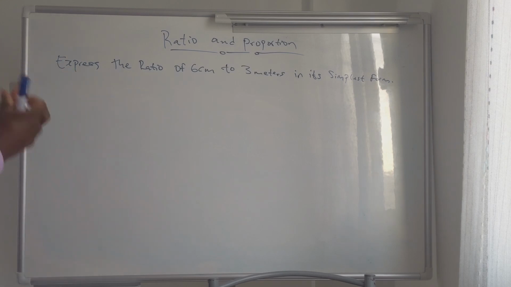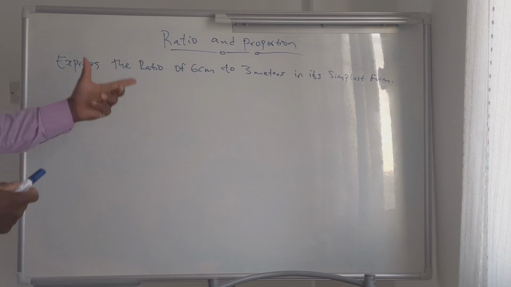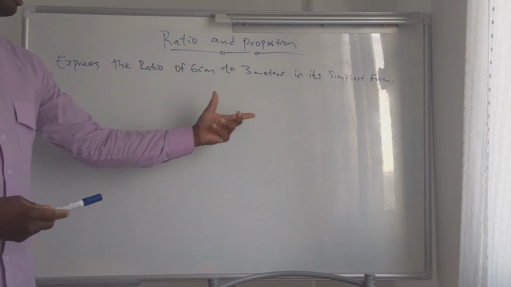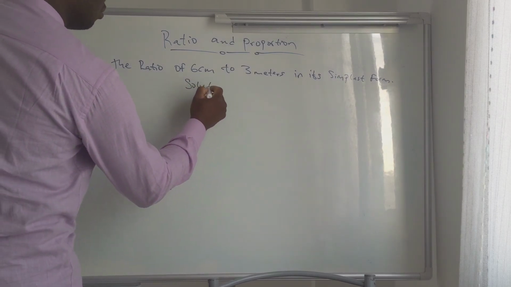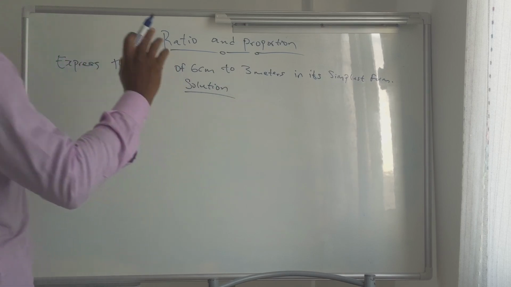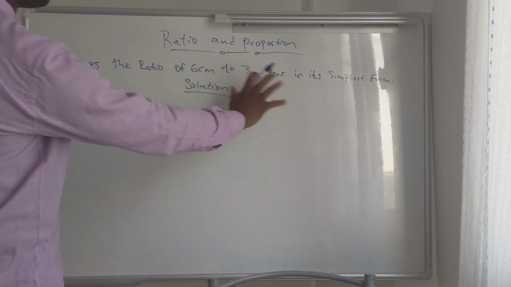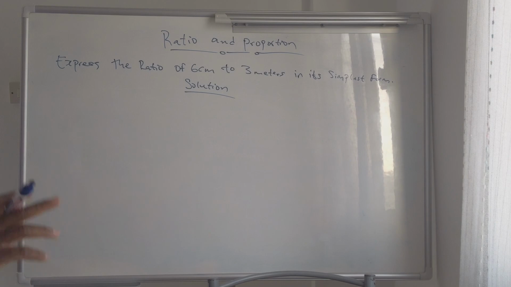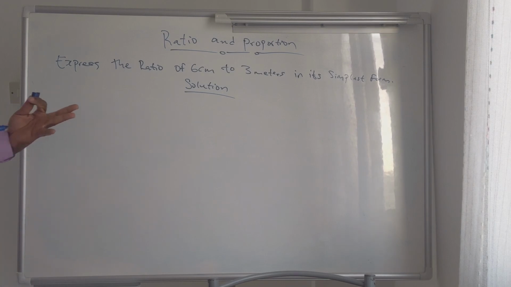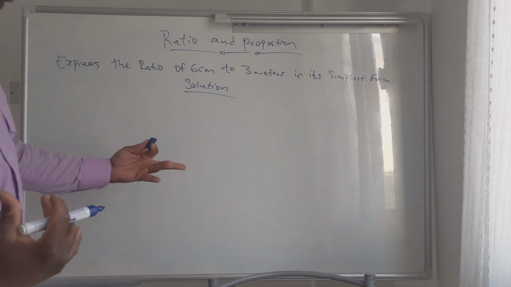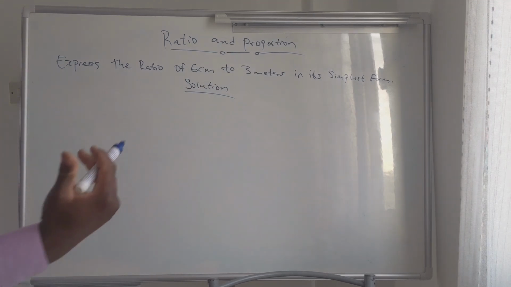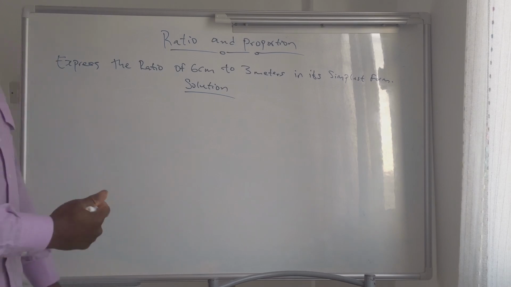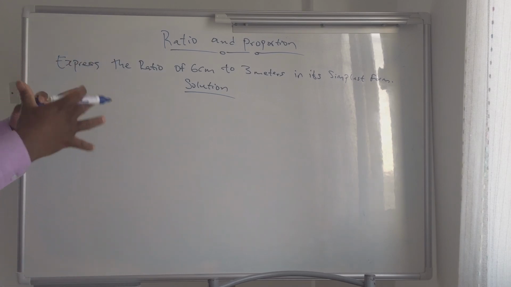Just make sure that both quantities have similar units. So in this case, we convert the meters to centimeters. To convert 3 meters to centimeters, we need to know how to convert. And probably I'll be teaching you that in another tutorial. These are the basic standards of conversion.